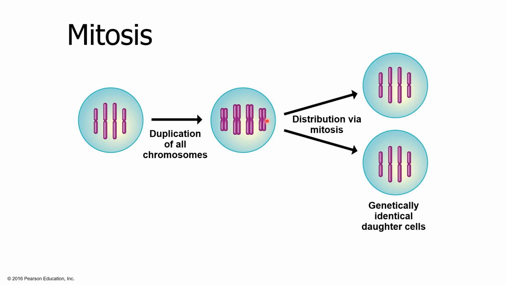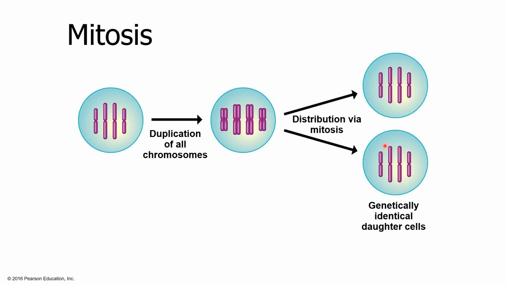What happens is during mitosis, those sister chromatids are going to split, and each cell is going to get 1 sister chromatid. So again, they're going to be identical to each other and identical to the parent cell. And as you can see, we didn't lose any of our chromosomes. This cell has the full set, all 4, and this cell has the full set, all 4 chromosomes.